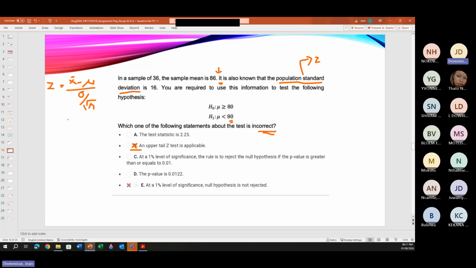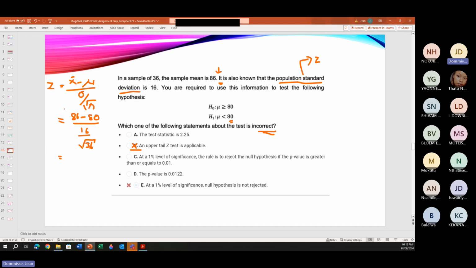We've got the sample mean of 86, the population mean of 80, the standard deviation of 16 divided by the square root of n, which this time around is a nice sample, 36. So that will become 6.